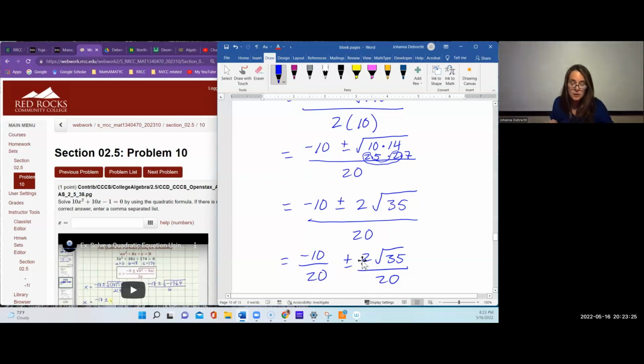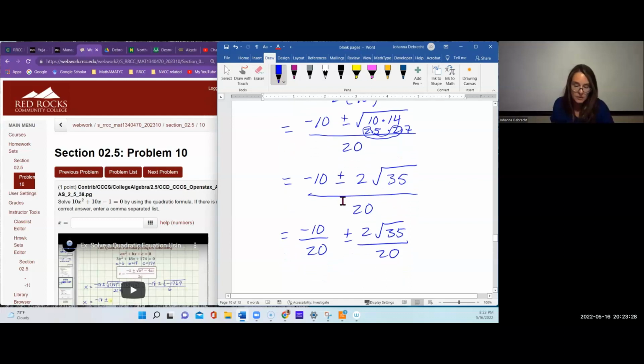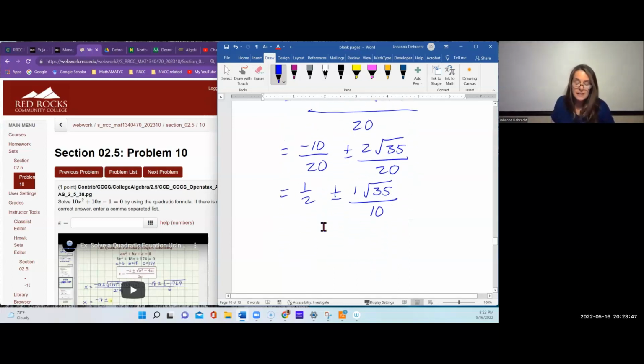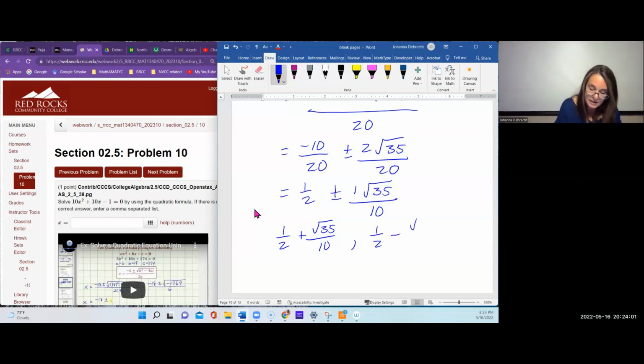Now individually reduce the parts that are outside of the radical. 10 divided by 20 will give me 1/2. 2 divided by 20 would give me 1/10. And that becomes our solution. That's actually two numbers. That's negative 1/2 plus the square root of 35 divided by 10. That's a 1. It looks kind of weird right there, but it is a 1. And negative 1/2 minus the square root of 35 divided by 10.